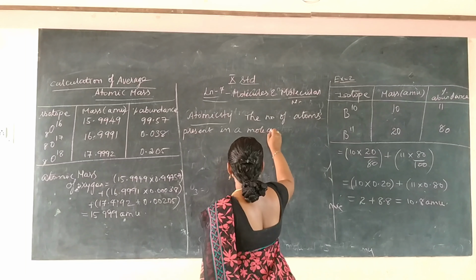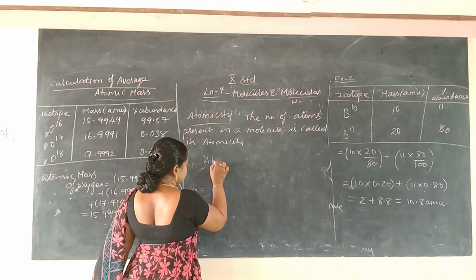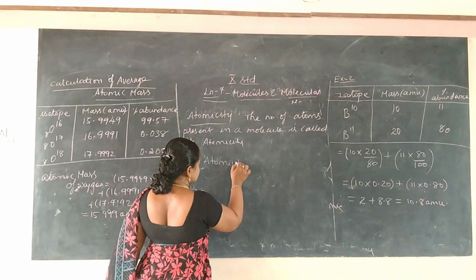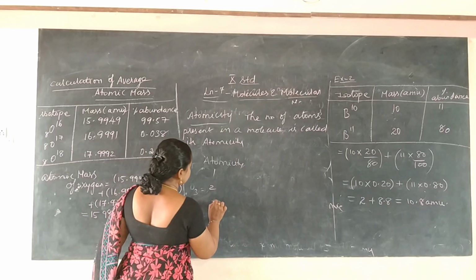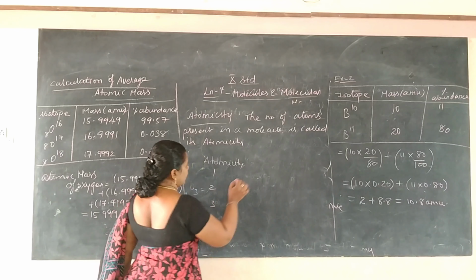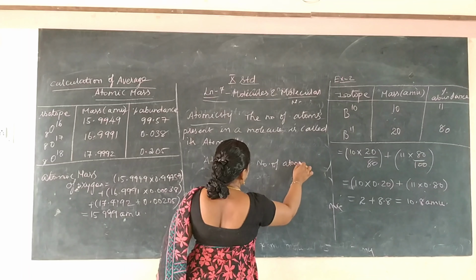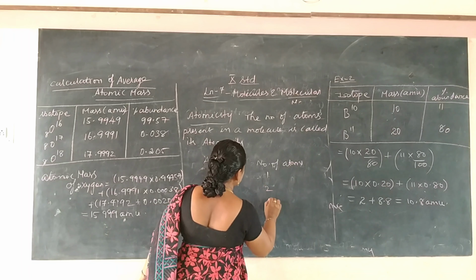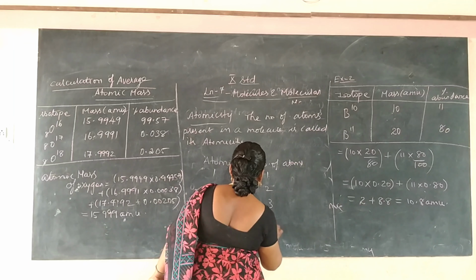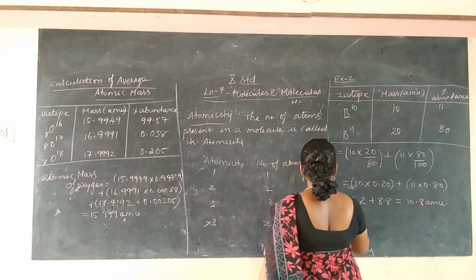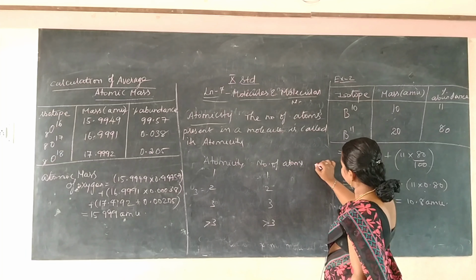Now we put a table. The atomicity is 1, 2, 3 and above 3, and the number of atoms is 1, 2, 3 and above 3. What is the name?